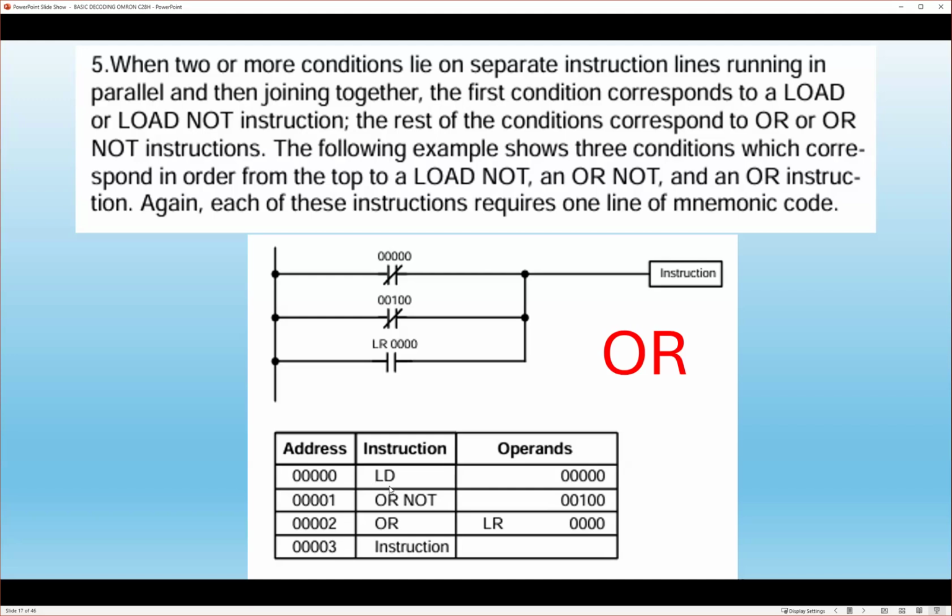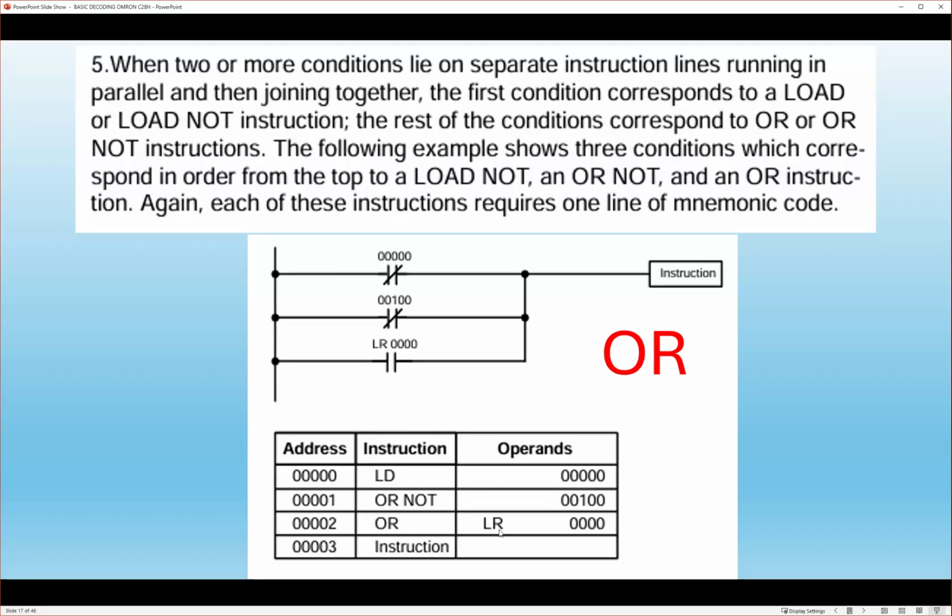Now, I think this might be an error, because I think this is wrong. So we're loading right here. So it would be a load not if we're wanting to look for normally closed. This doesn't surprise me that I'm reading this now, but load would be 000.